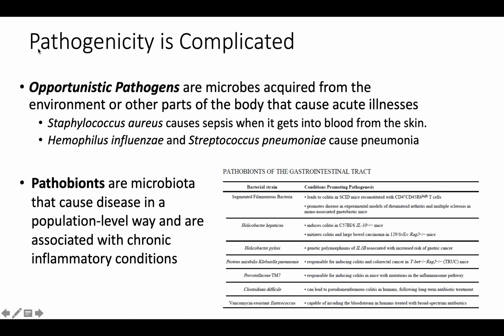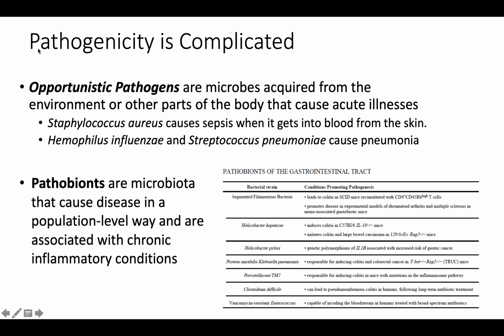But if given the opportunity, if they travel to another part of the body, or if the immune system or the microbiome is out of balance, out of kilter, these opportunistic pathogens will now become pathogenic.